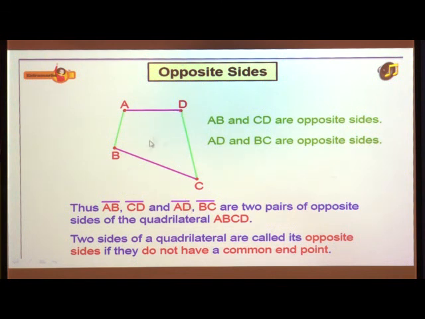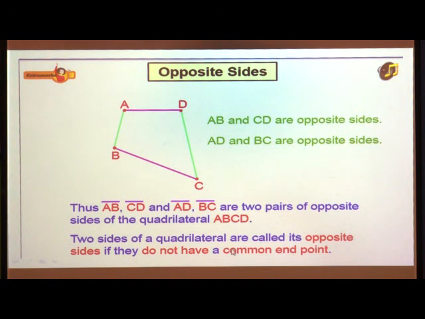Thus line segment AB, line segment CD and line segment AD, line segment BC are the 2 pairs of opposite sides of quadrilateral ABCD.